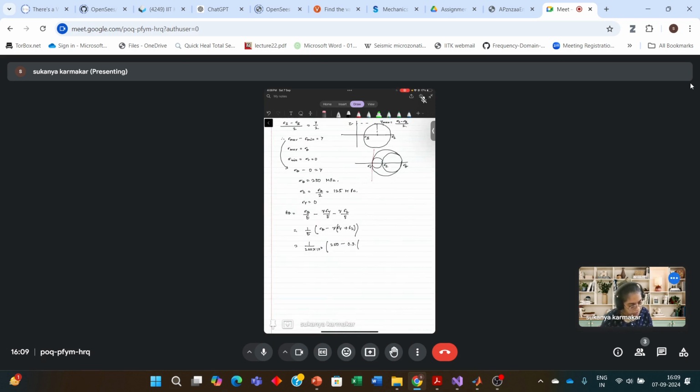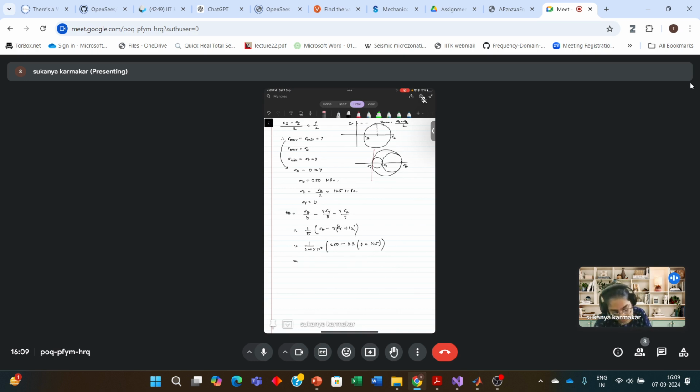Sigma r is 0 and sigma z is 125 MPa. So just substitute it.